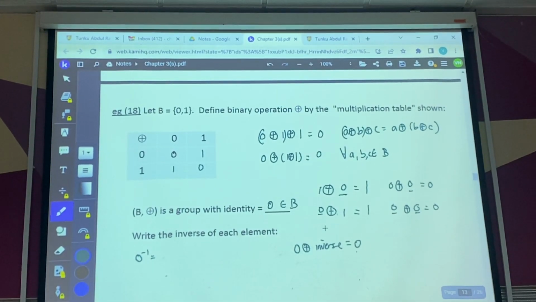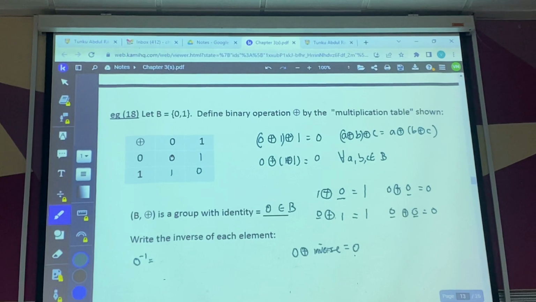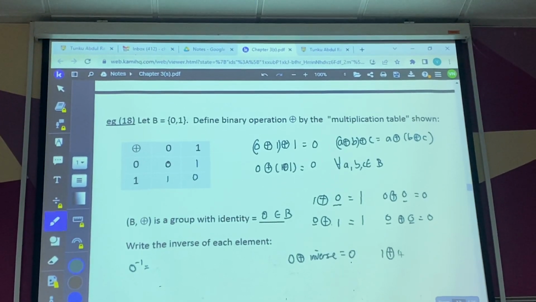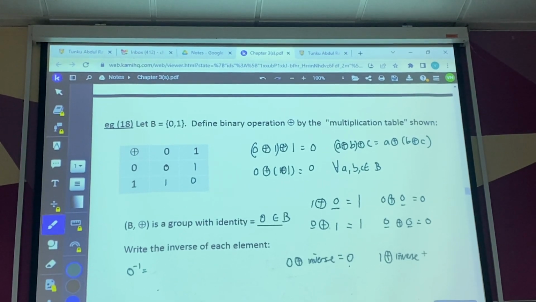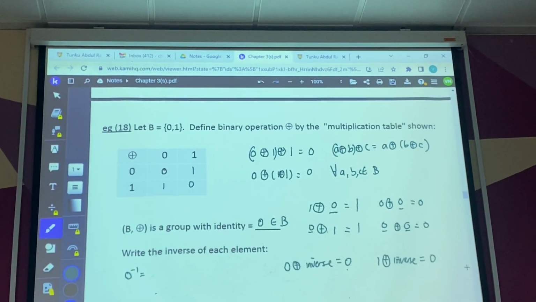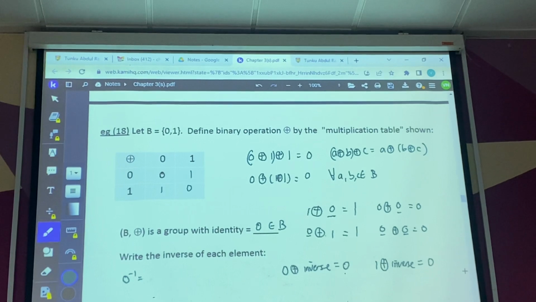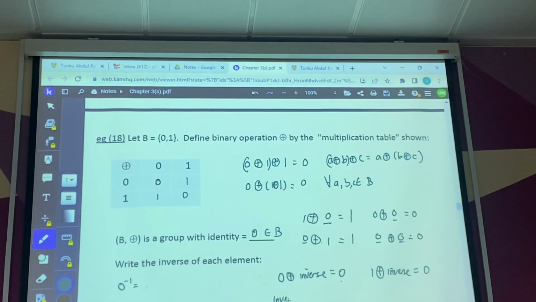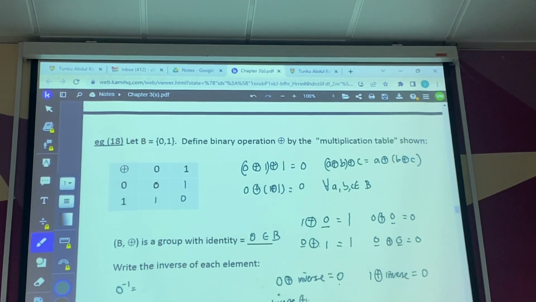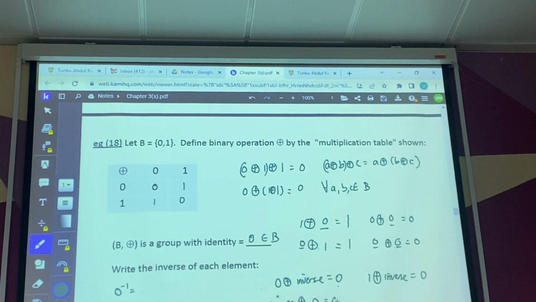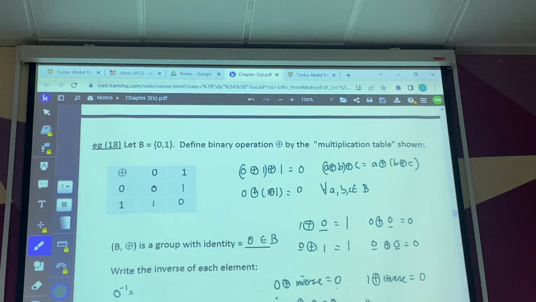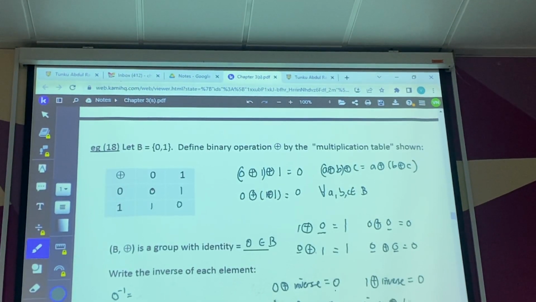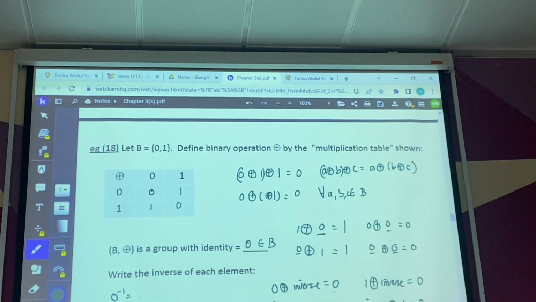What is the inverse here? 1 exclusive or the inverse, you get back 0. Inverse exclusive or 0, get back 0. Inverse exclusive or 1, get back 0.